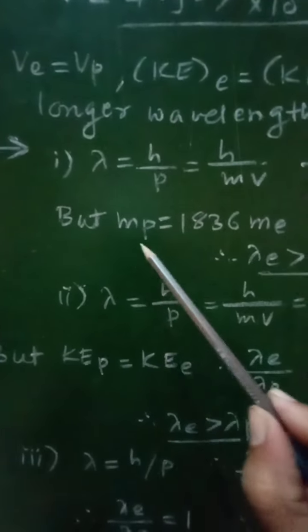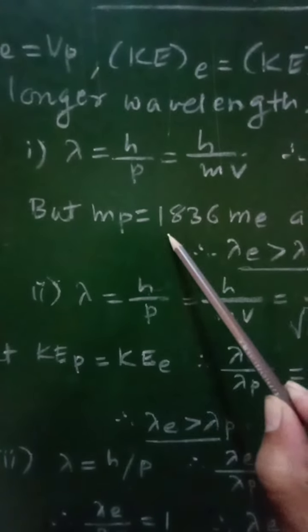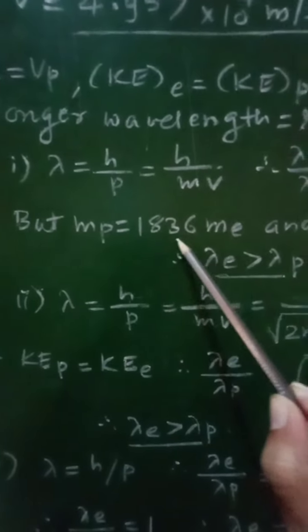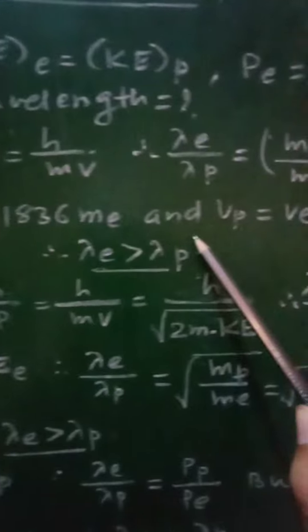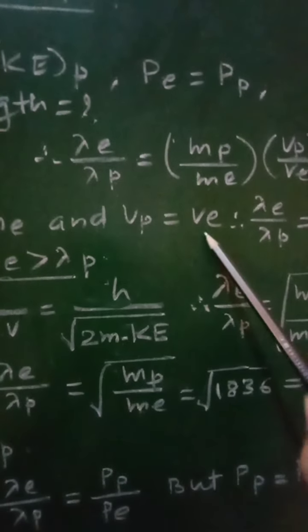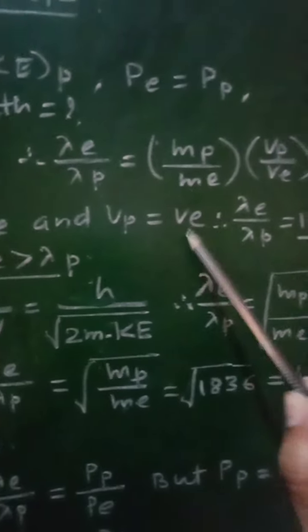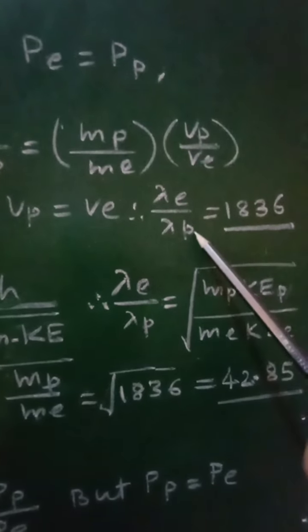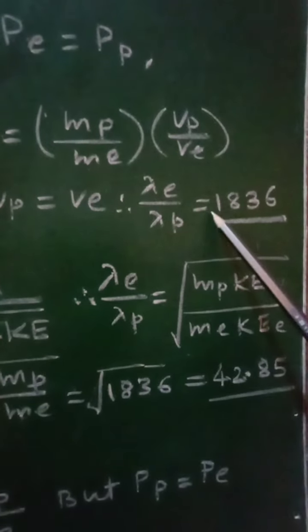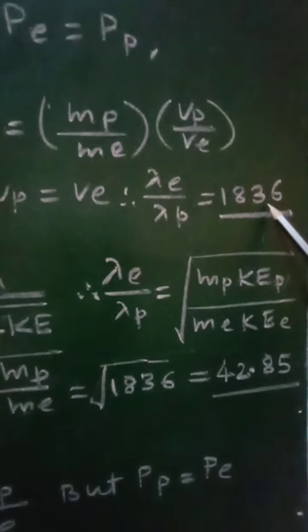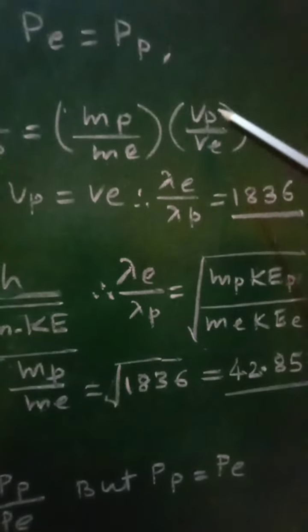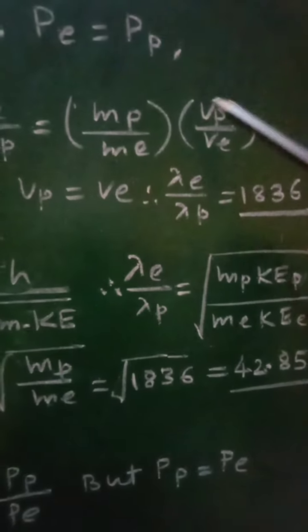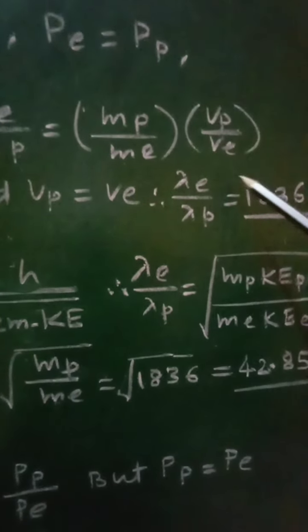But in this case, mass of proton m_p is equal to 1836 times mass of electron m_e, and v_p is equal to v_e, that is given in the first case. Therefore, we have lambda e upon lambda p is equal to 1836, as it is only the ratio of m_p upon m_e, since v_p is equal to v_e, and therefore v_p upon v_e will be equal to 1.